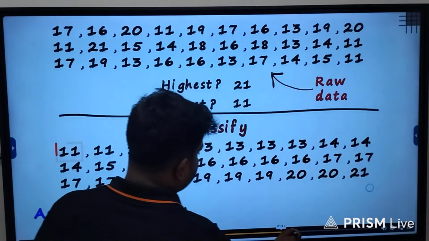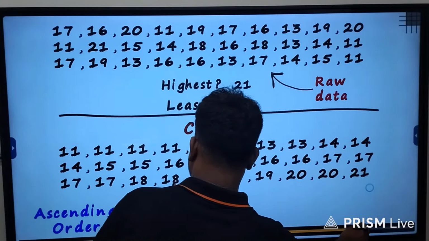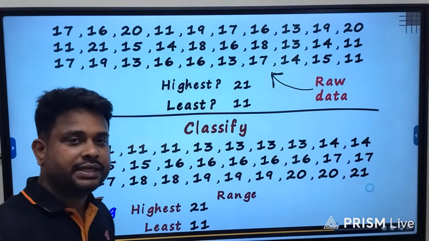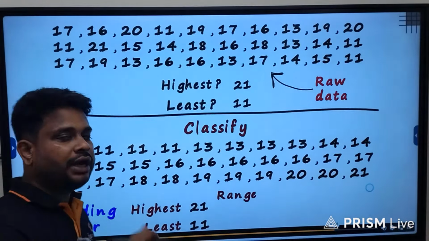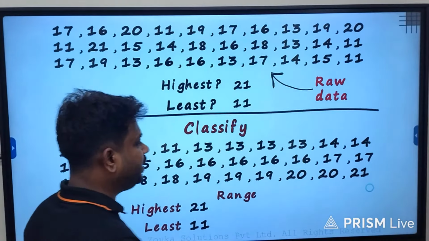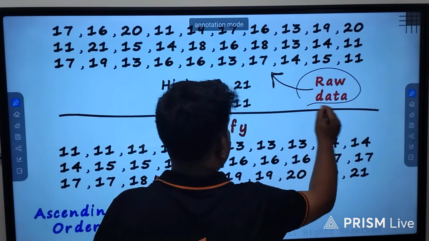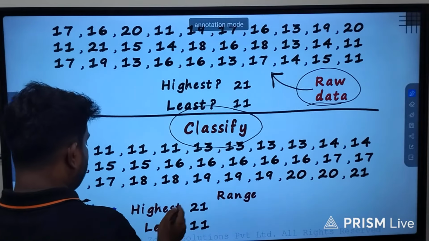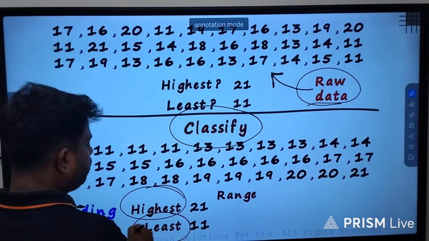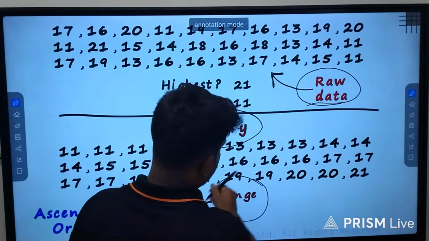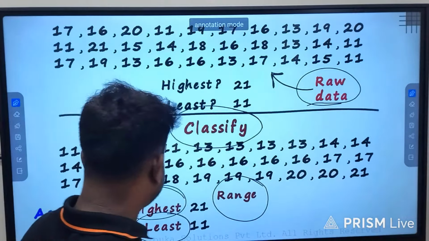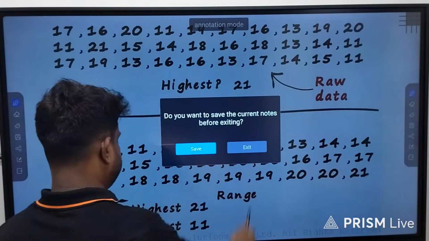After classification we got the highest and lowest value, whose difference will be called the range. So from this video we have learned about raw data, classification of data, the highest and lowest points of any data, and the range of the data.